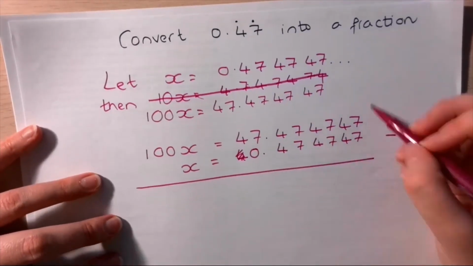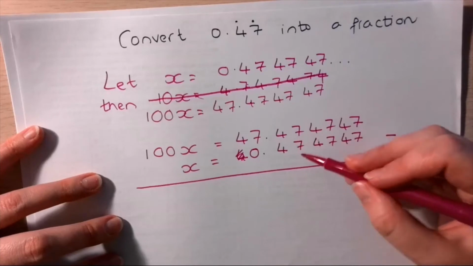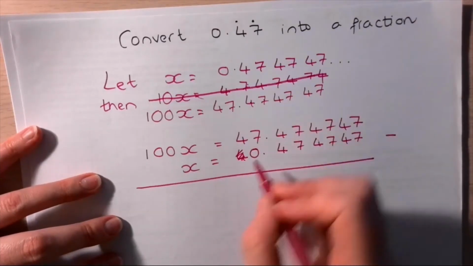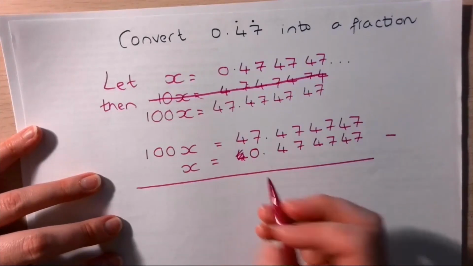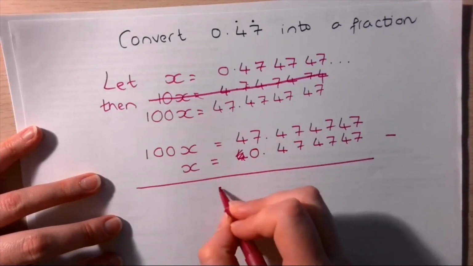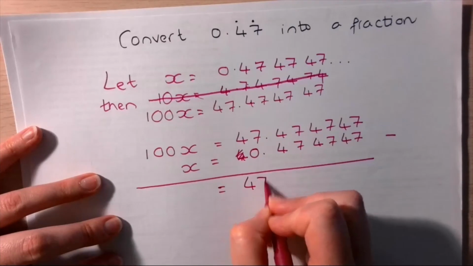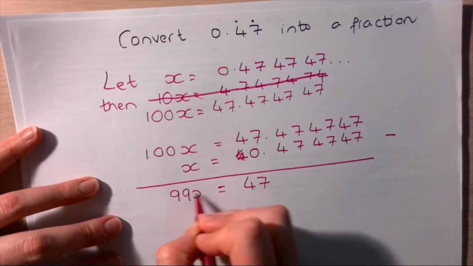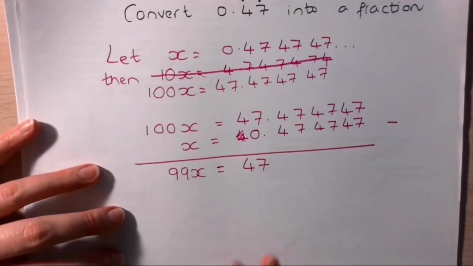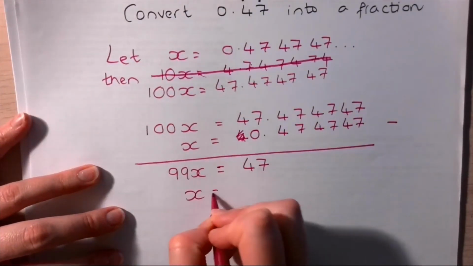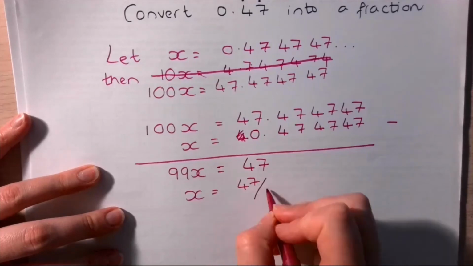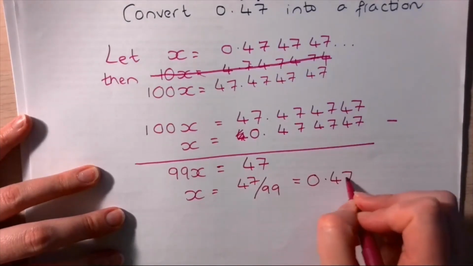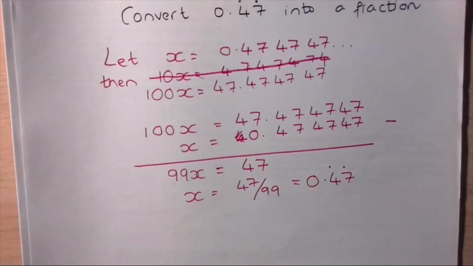And we're going to subtract, and because these match up beautifully, they cancel down to 0 and we end up with just 47 on this side. And on this side here we get 99x. And so to solve that for x, we get x is 47 over 99, which equals 0.47 recurring. Just like that, okay?